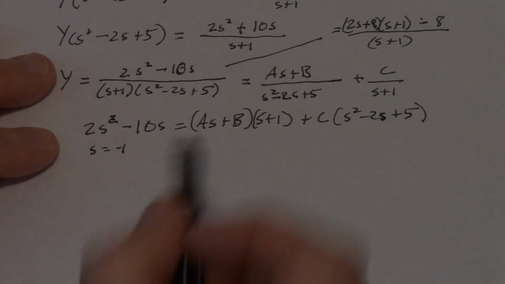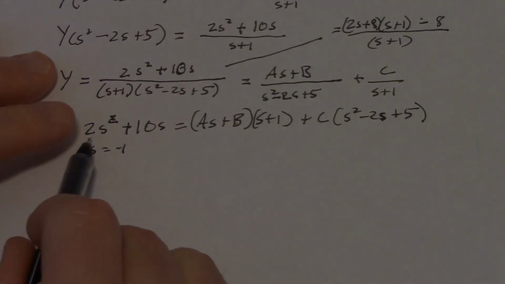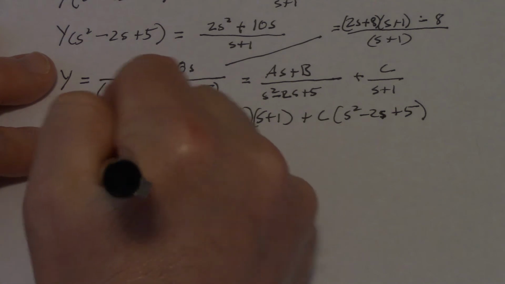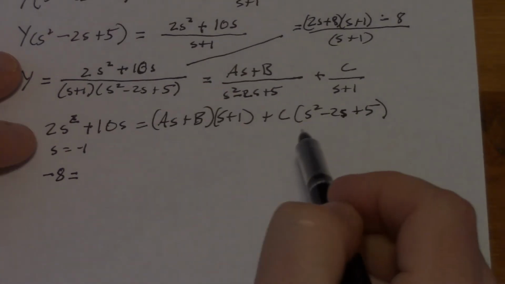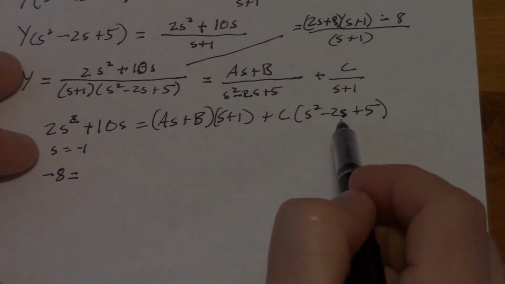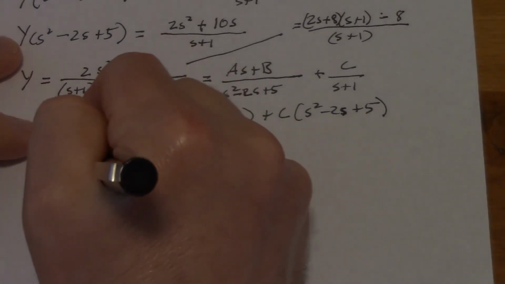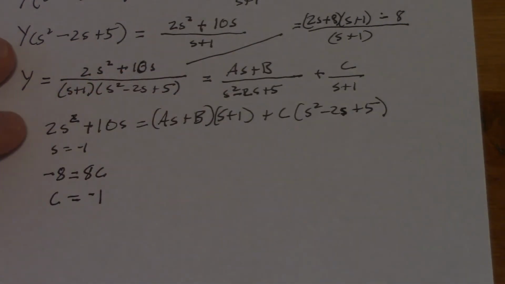Sorry, this is a plus. I keep copying it down wrong. This is going to give me 2 minus 10, so that's going to be negative 8. That term, the a and the b go away. And then negative 1 squared plus 2 plus 5, that's going to be 8c. So this one came out really nice. So c is negative 1.